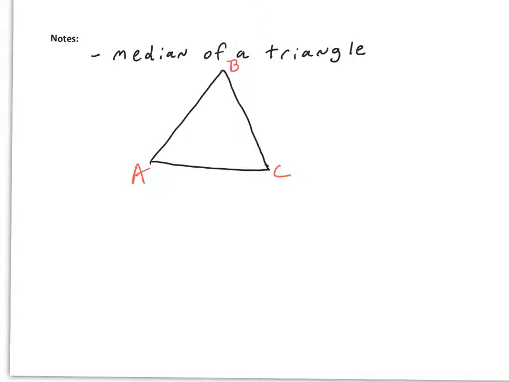Okay, the way the median works is it goes from one of the vertices and splits the opposite side into 2 equal sized pieces. So if we start at A, the median would go right like this, and it would split side BC. So it ends up at the midpoint of side BC.